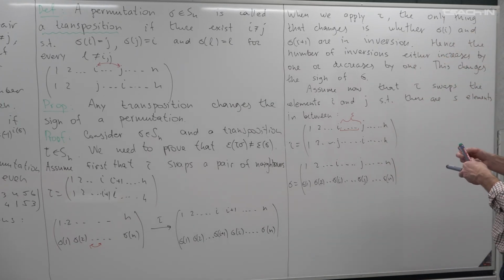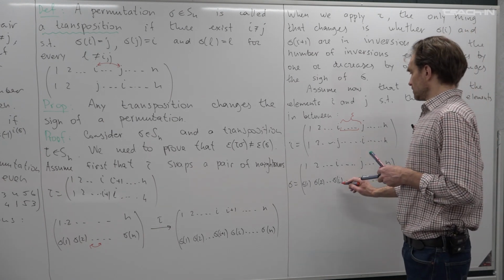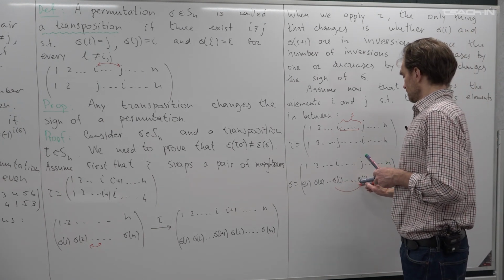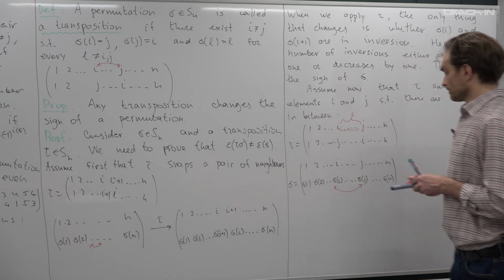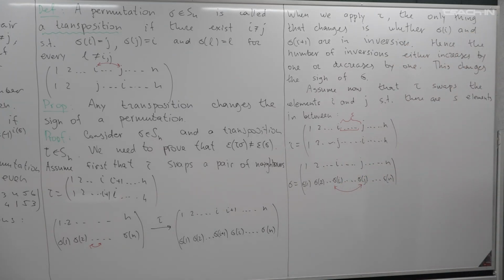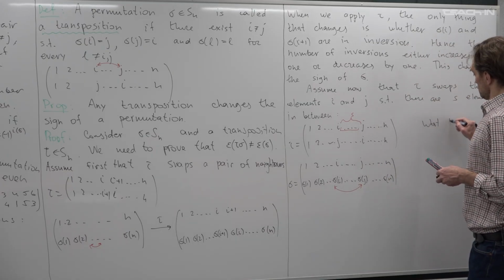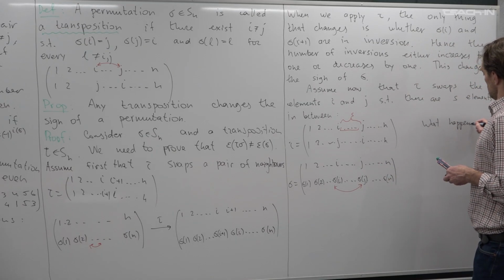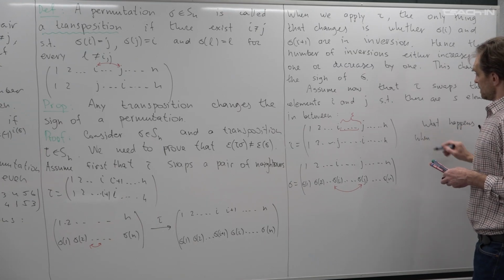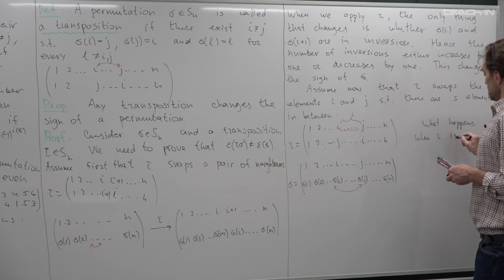So we need to swap these two elements. Okay, what happens when tau is applied?